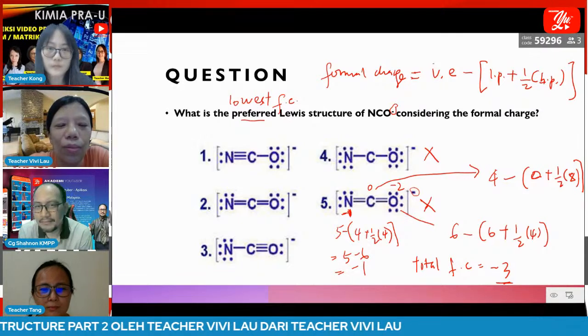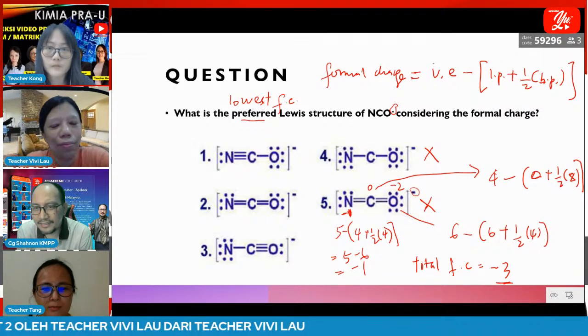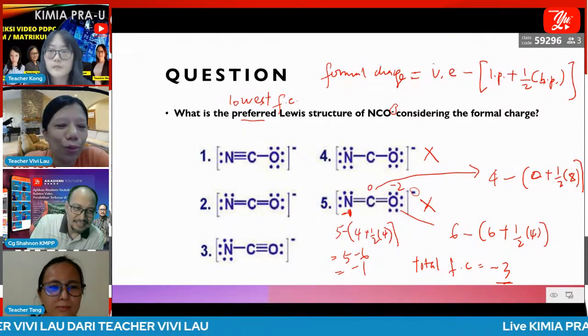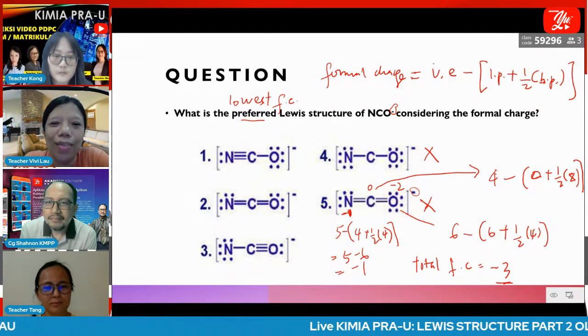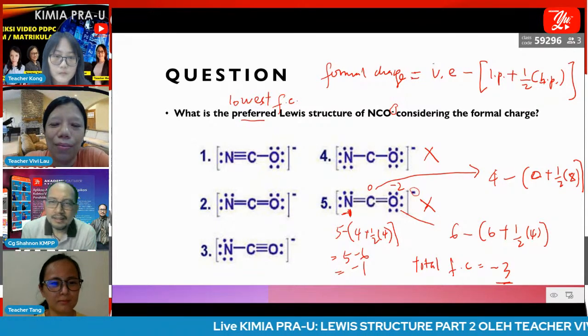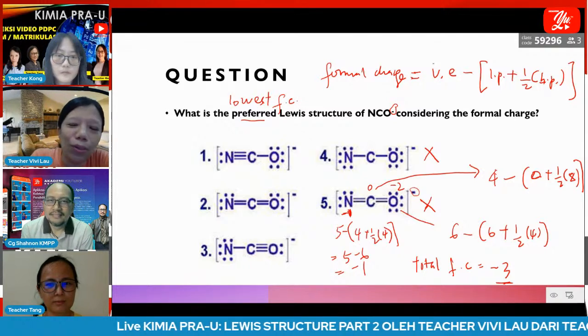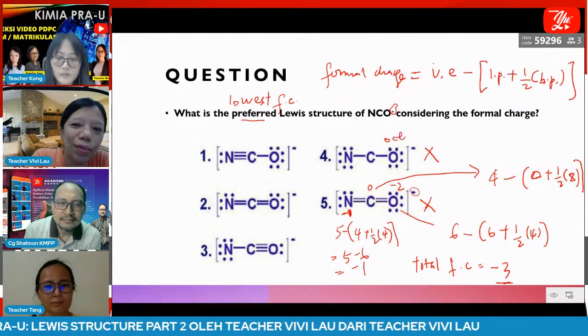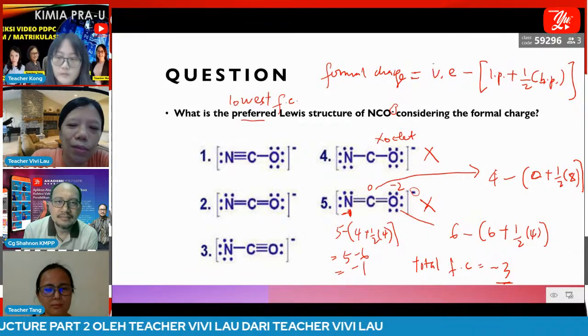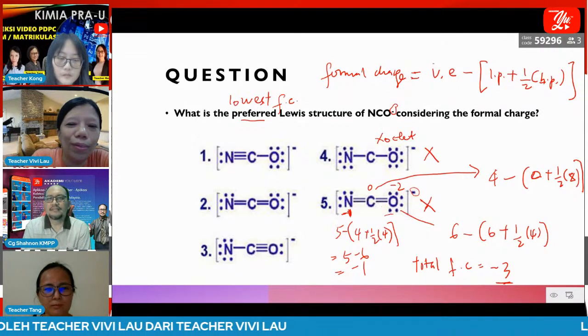You still waiting? Because numbers 1, 2, 3 follow octet. So this one does not follow octet. This one also.